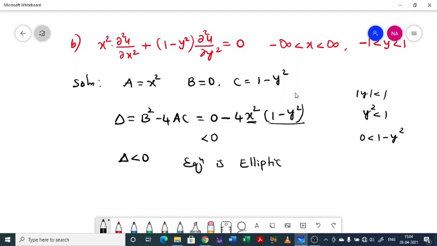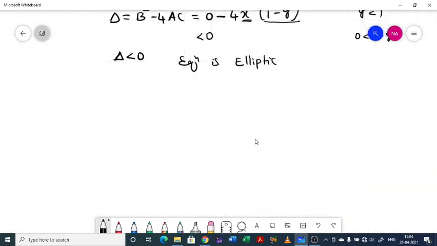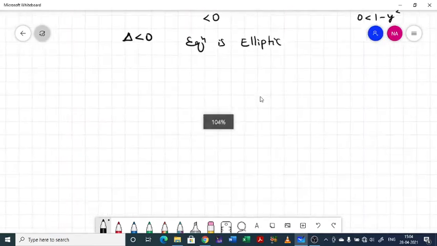So finally we have one more equation, C. Let us discuss this.